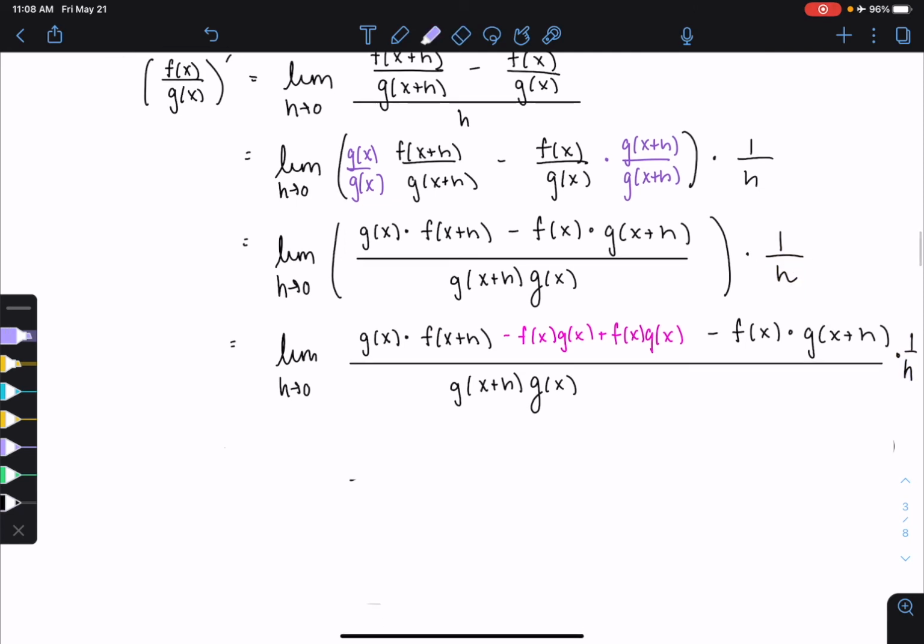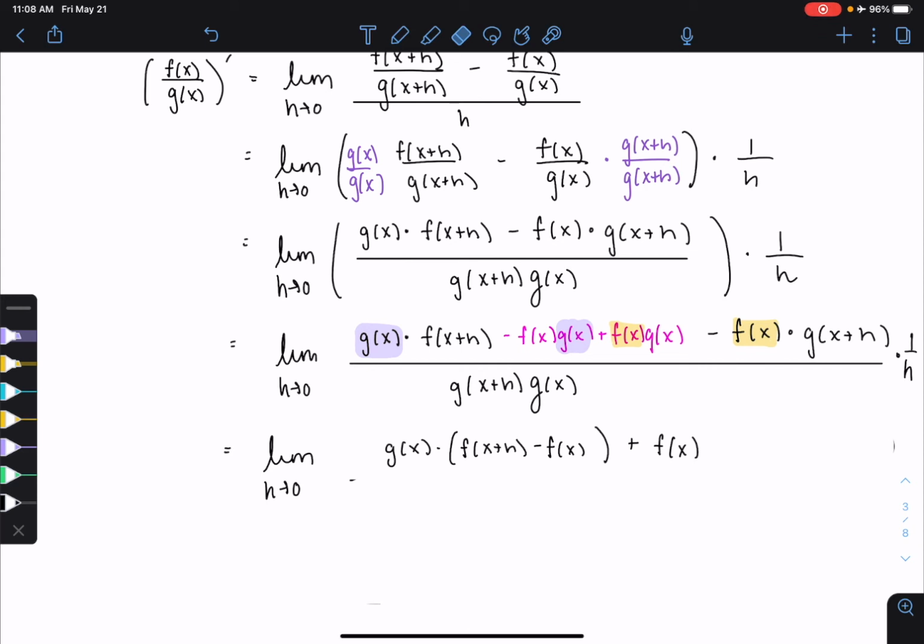Okay. Now within this, from the first two pieces, I have a g of x in common. From the next two pieces, I have f of x in common. So we're going to go ahead and factor those two things out. So this is the limit as h goes to 0. I'm taking that g of x out, and I'm left with f of x plus h minus f of x.